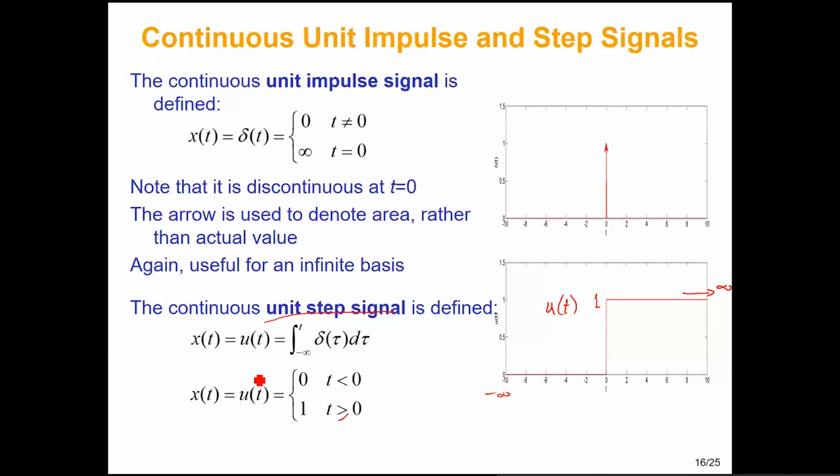This is your u of t. So unit step is very similar to what we saw for discrete time, right? No confusions here. The confusion arises with the unit impulse. It is very similar to the unit impulse that you saw for discrete time, but this is something which requires a bit of explanation.